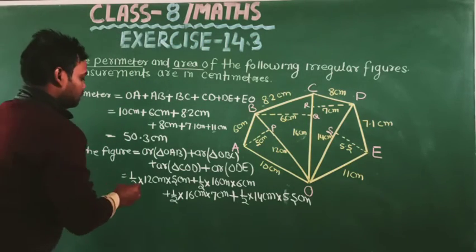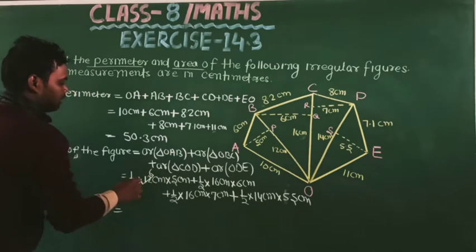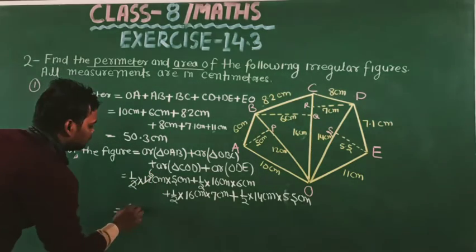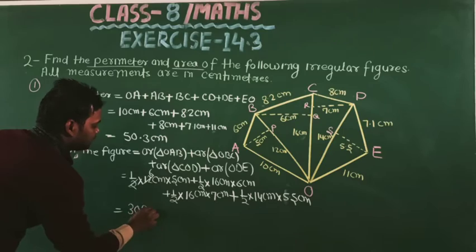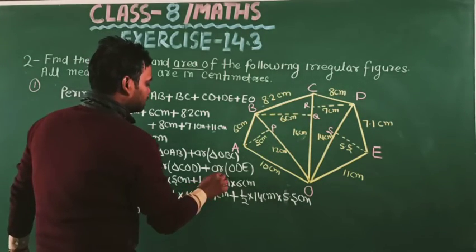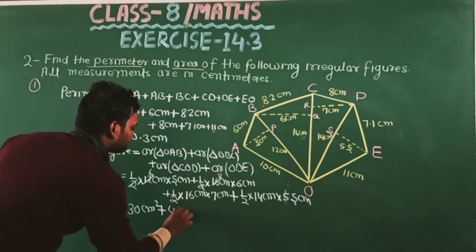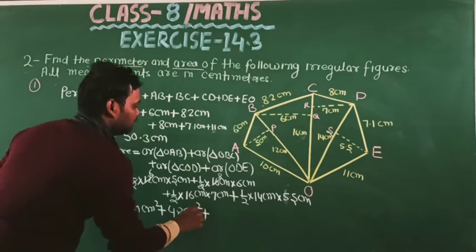Now simplify. This is 2 6 12, 30 centimeter square, plus 2 8 16, 48 centimeter square.